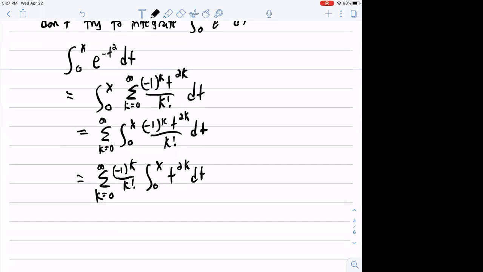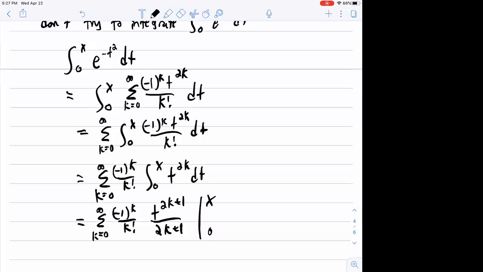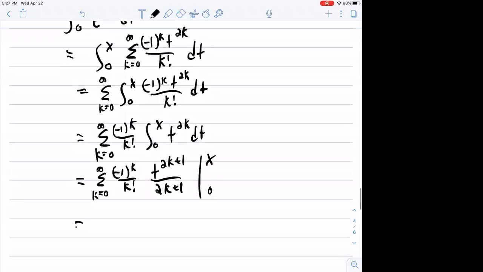And here, if you integrate, you get what? You get negative 1 to the k over k factorial, t to the 2k plus 1 over 2k plus 1, evaluated at x and 0, right? This is math 2B.